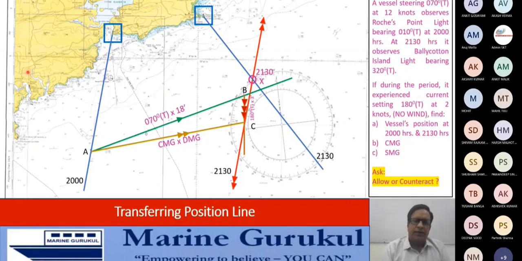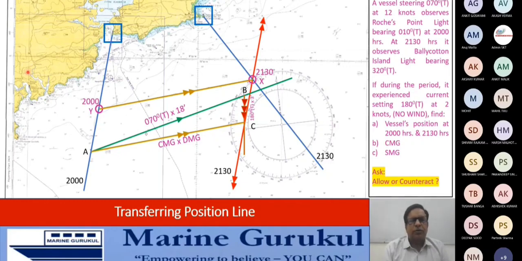Again, like the previous questions, she would have moved along her CMG track in reaching this position. So we transfer the CMG through 2130 position, where it cuts the 2000 PL, that becomes point Y, the 2000 fix.